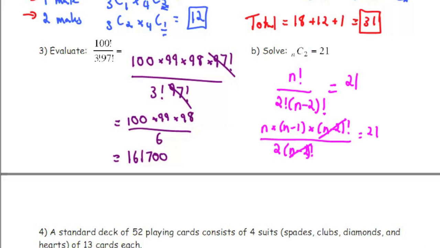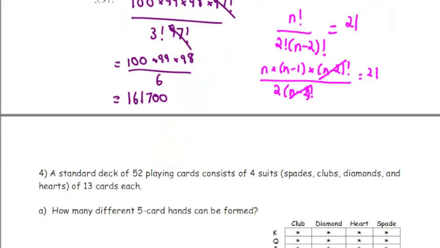Well, that helps us out a lot because now the n minus 2 factorials will cancel out, and we'll end up with this easier expression, and I've seemed to run out of space, so we're going to go like this, and I'm going to write it right below. We are just left with now n times n minus 1 is equal to, this 2 will just multiply up here, is equal to 42.